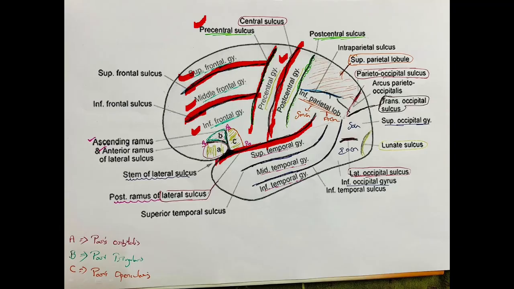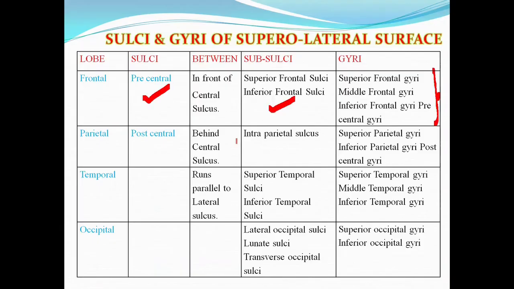The stem of the lateral sulcus is divided into anterior, ascending, and posterior rami. You can look at it here: the ascending one, the anterior one, and the posterior one differentiate the inferior frontal gyrus into three smaller gyri.